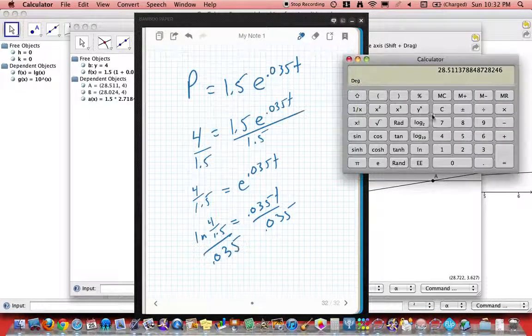Okay, I have 4 divided by 1.5, and I'm going to get that's equal to this. I'm going to take the natural log of that and divide it by 0.035, and guess what I have? My answer. Okay, so if you have a continuous growth or a continuous regression, it's really pretty simple to find out when things happened.